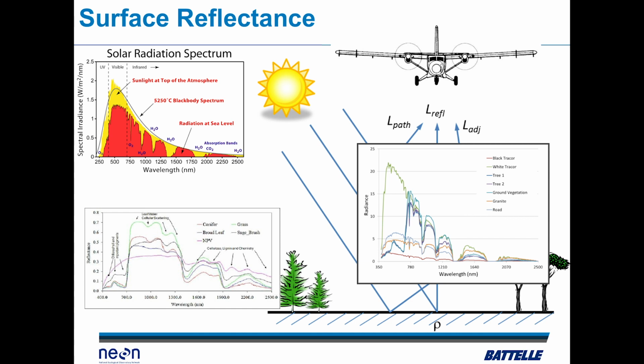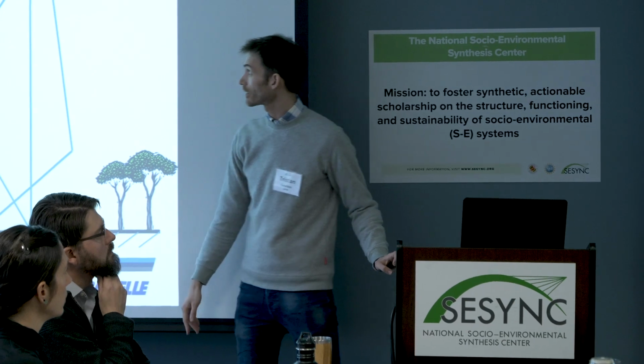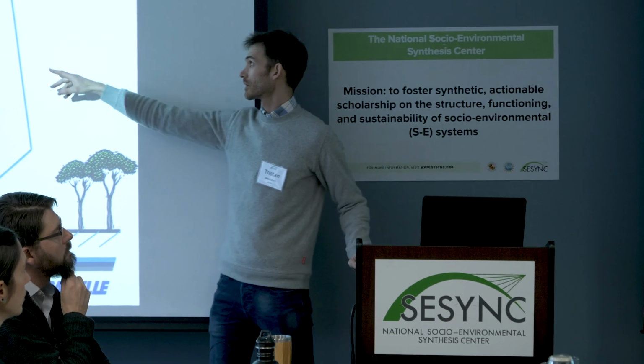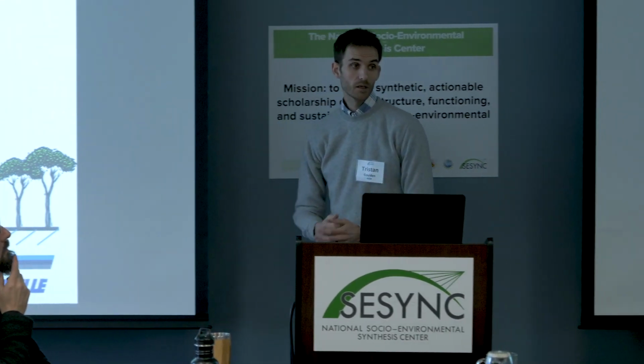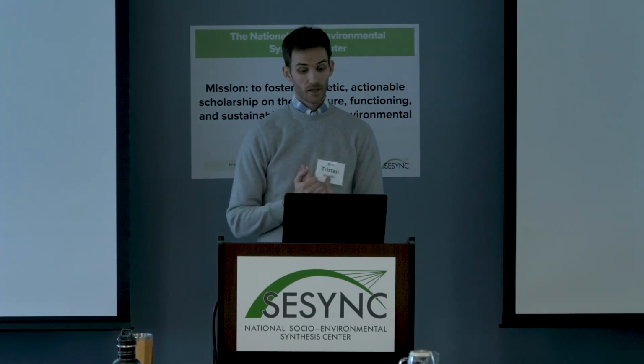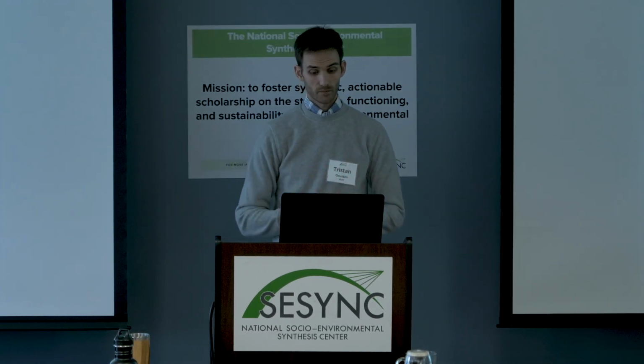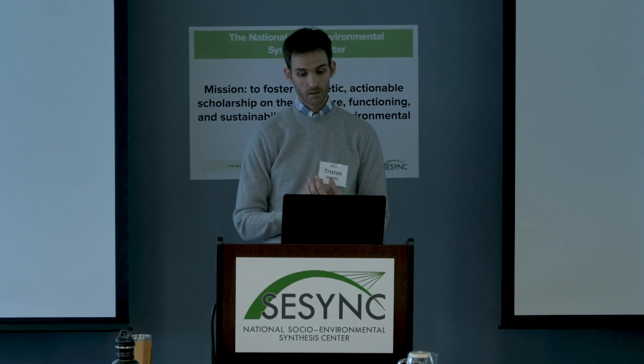There are actually a lot of complications to this. What we're trying to get is this blue line here, which is the reflected energy off of this particular point on the ground. But there are all these other sources of energy also contributing to that signal: reflected energy that's scattered in the atmosphere, as well as energy scattered from adjacent areas on the landscape.